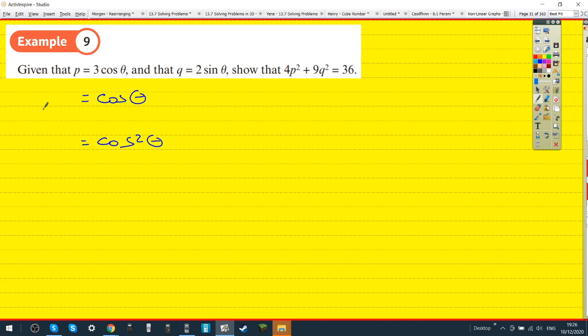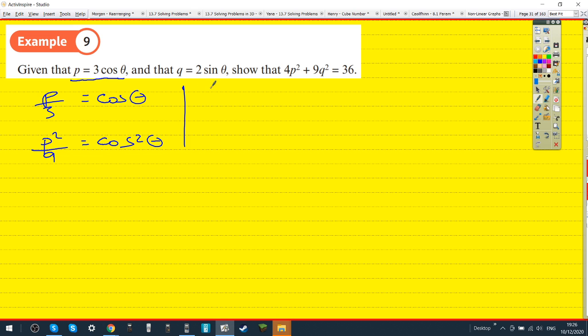It's equal to p, right? Divide both sides by 3. P over 3. And so cos squared theta? P squared over 9.